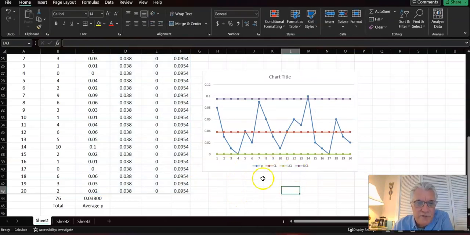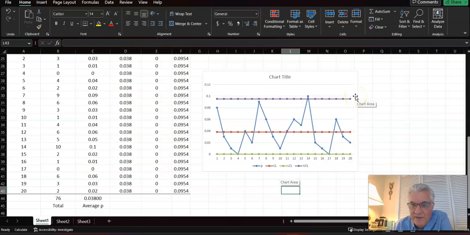If you notice, the follow-up question is going to say another 100 samples were taken with a 10% failure rate, which means 10 out of 100 equaled a p-value of 0.1, and that would be the 21st day, essentially, or whatever day that wound up being, and that would be 0.1, would be above your upper control limit.